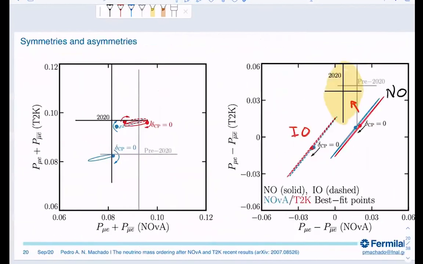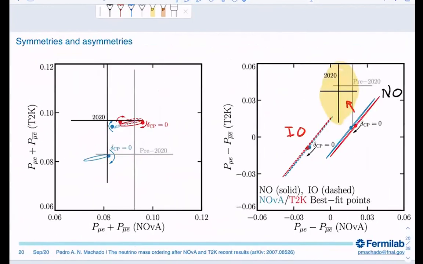And this is what you see here, let's say for normal ordering, NOVA goes from 0 to maybe 0.45, while T2K goes from -0.15 or so to 0.03. There is a slight difference between NOVA and T2K, but the prediction of the standard model should be on top of these ellipses, given that you measured all other oscillation parameters. They don't change very much where these ellipses are.